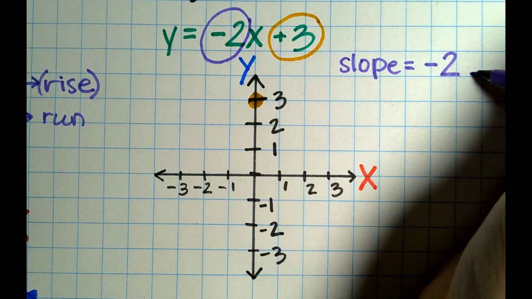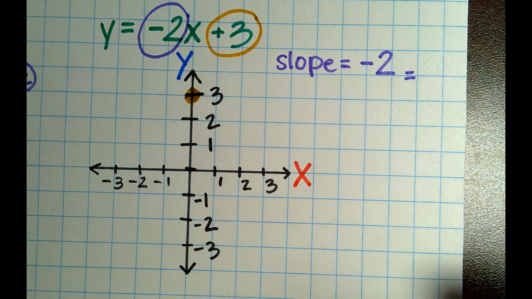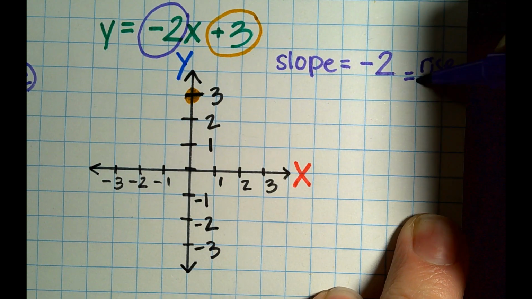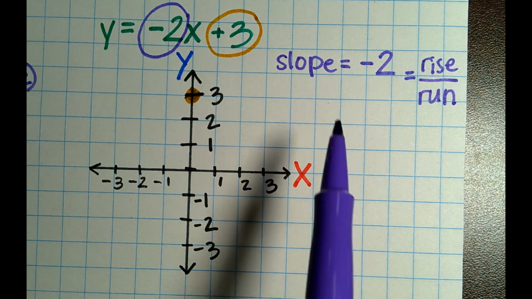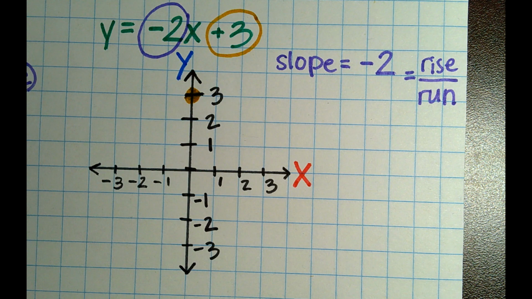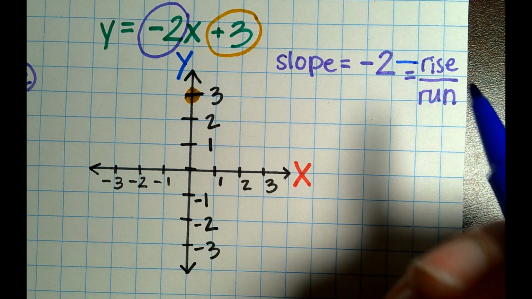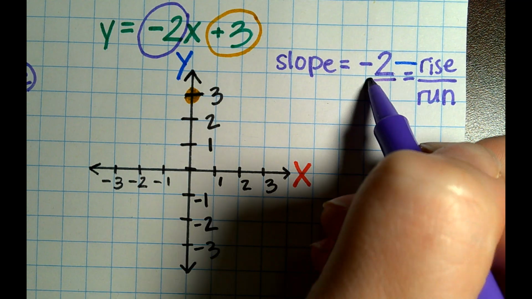And slope is rise over run. So if my slope is -2 and my slope is rise over run, -2 will be my rise. What will be my run? 1.